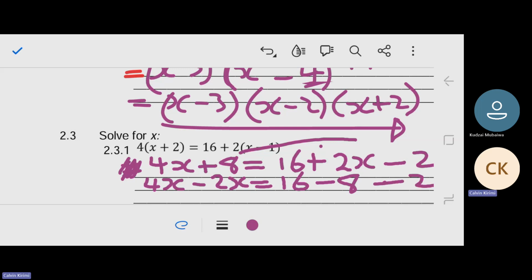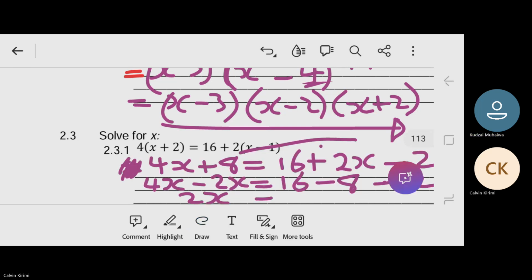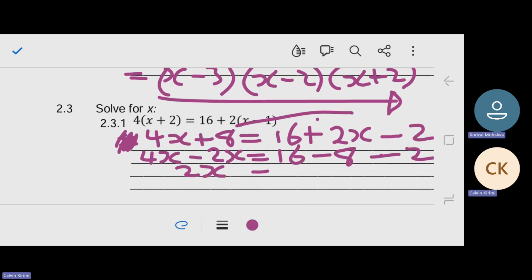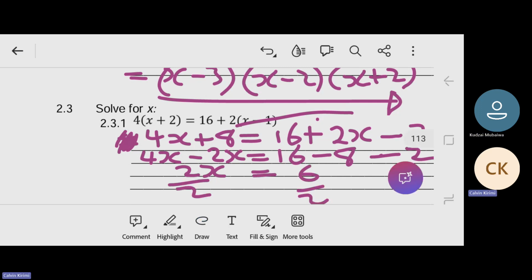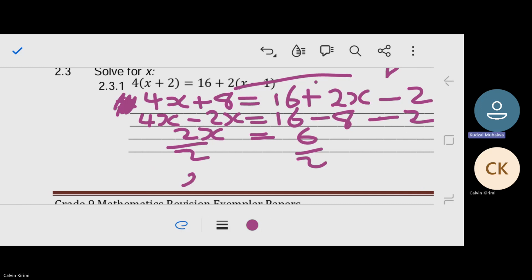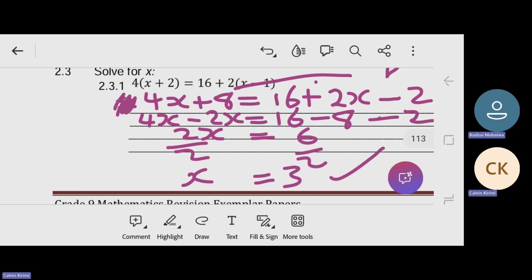So 4x minus 2x equals what? On the right-hand side, you are getting 6. So then you divide by 2. So x equals what? 3. Any question there? No, sir.